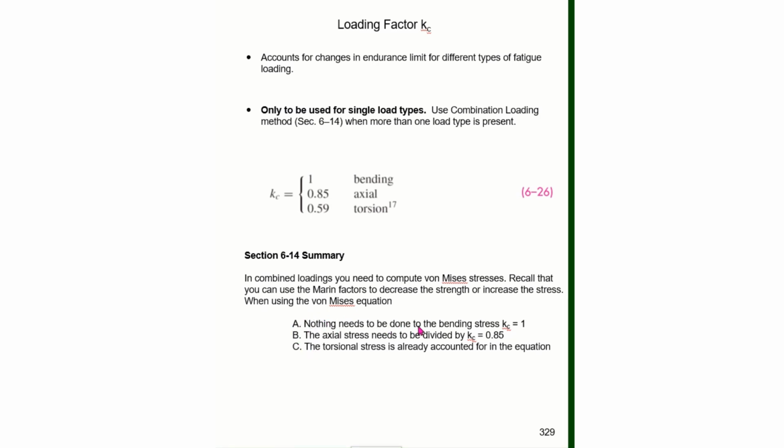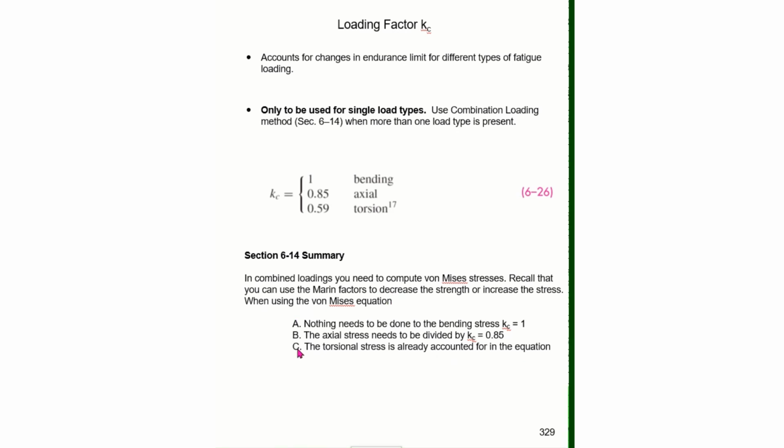Nothing needs to be done to the bending stress, Kc equals 1, if you have a case of pure bending. The axial stress needs to be divided by Kc equals 0.85, or we multiply our Marin factor, Kc, by the Se. The torsional stress is already accounted for in the equation.